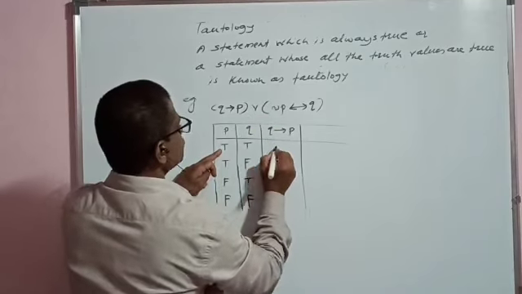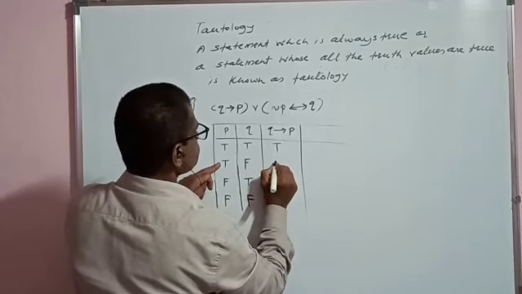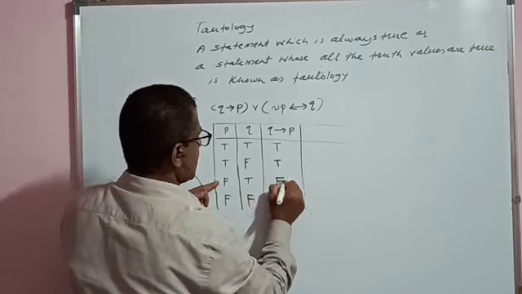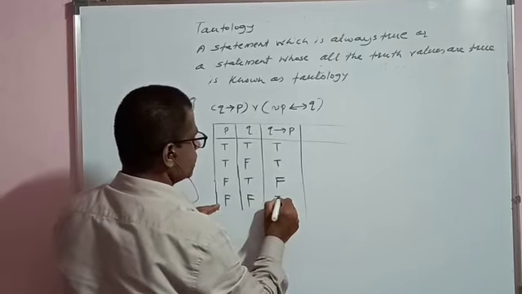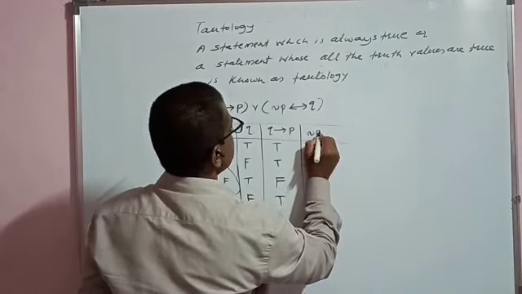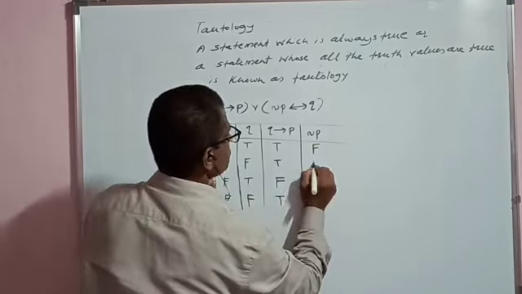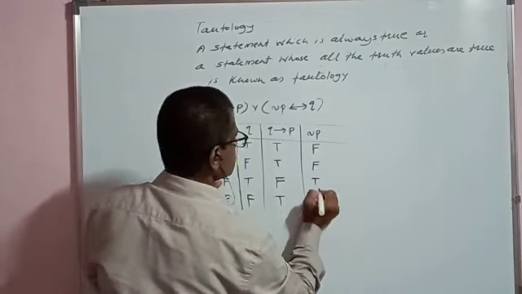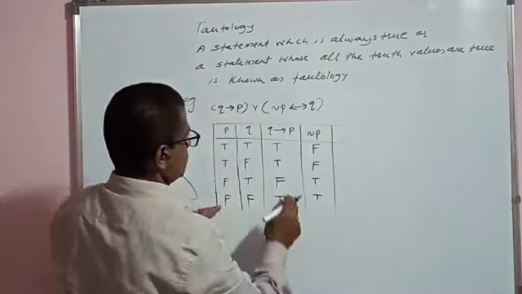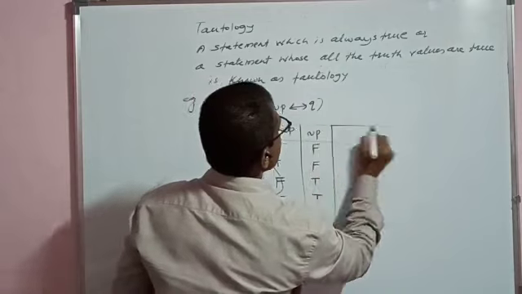So T conditional T is T, F conditional T is T, T conditional F is F, F conditional F is T. Then negation of P. Negation of T is false, negation of T is false, negation of false is T, negation of false is T. Then in between Q and negation of P, the biconditional is there.